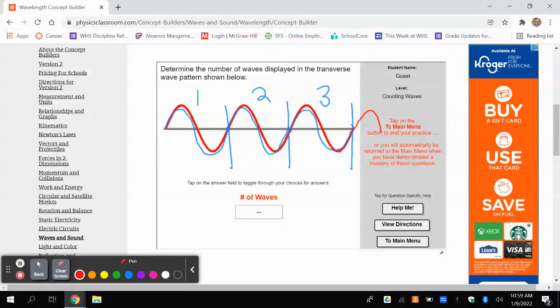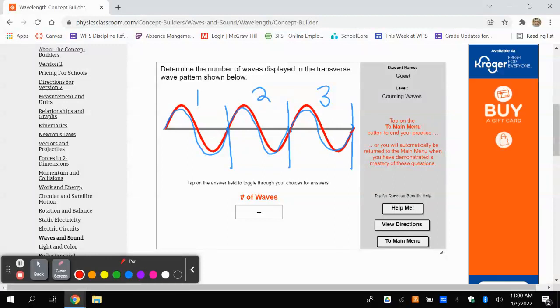So this one doesn't have that extra little half piece, but if you do see, when you're counting your waves, an extra half piece on there, like an extra crest or an extra trough after you've counted the full waves, that counts for half a wave. Okay, so this whole trophy, you're going through and you're counting the number of waves there are.